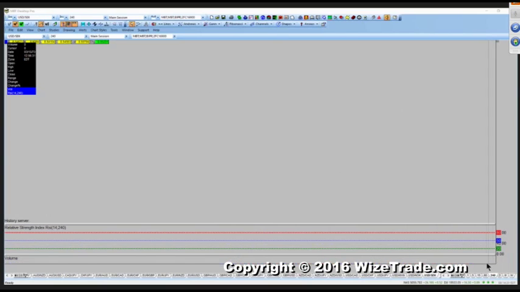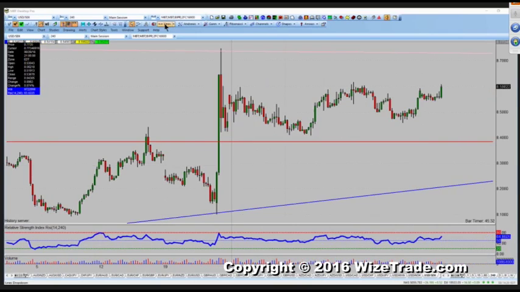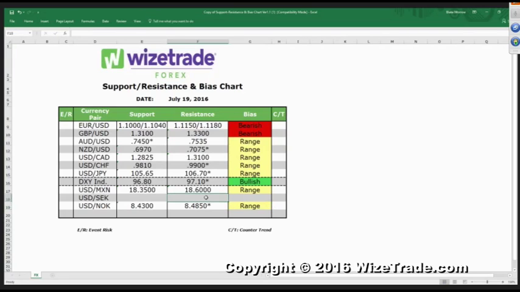Swedish krona. Now the Swedish krona, very similar story to the Norwegian krona. Look at how big this resistance is. That's huge, right? So 8.6150, roughly.